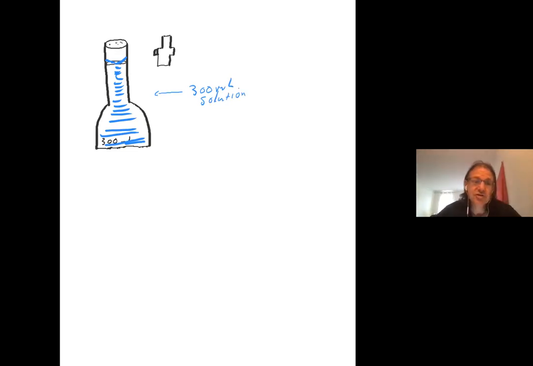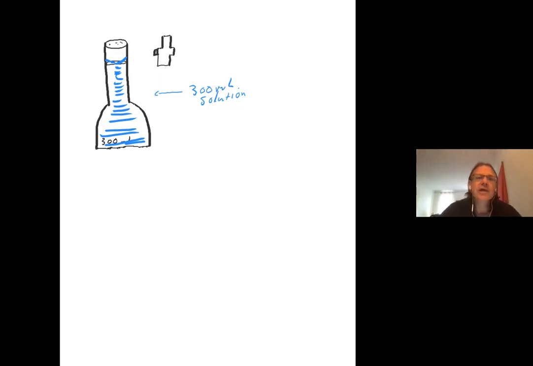Okay, so there's your 300 milliliters. I've actually never seen one that's 300, but you can buy them at 250, 500, 100 milliliters. They usually go 1 milliliter, 2, 5, 10, 25, 50, 100, 200, 250, 500, and then 1,000 milliliters. But in this particular problem, it's 300 milliliters.